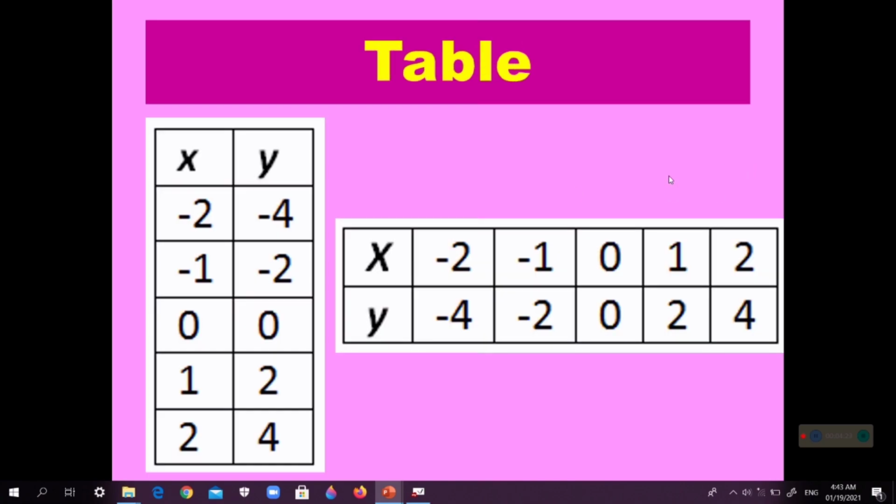The second type is using a table, wherein we have the vertical table and the horizontal table.